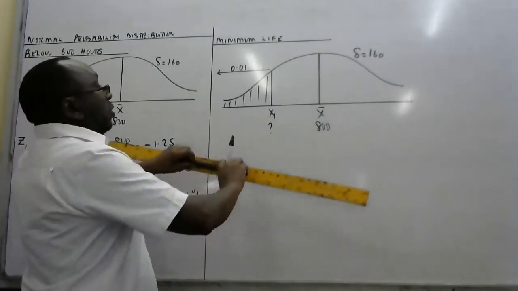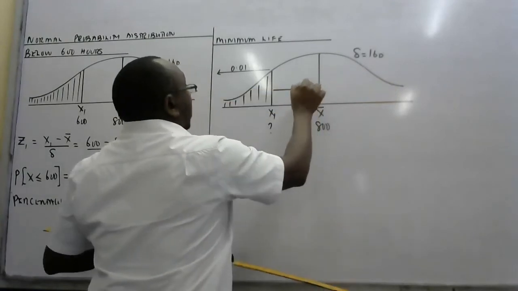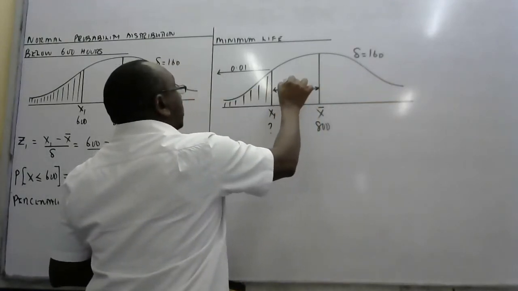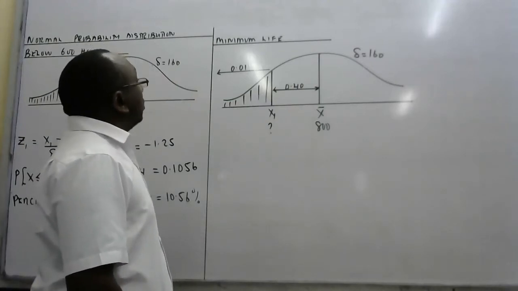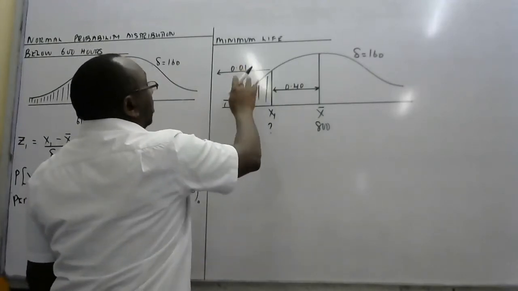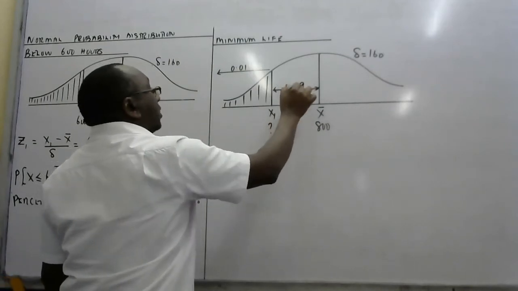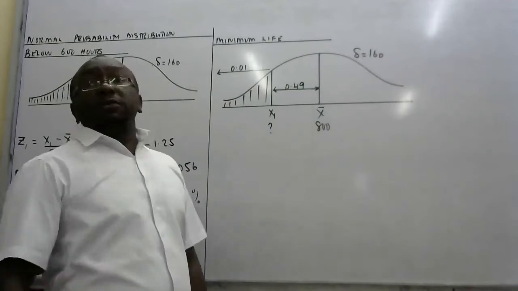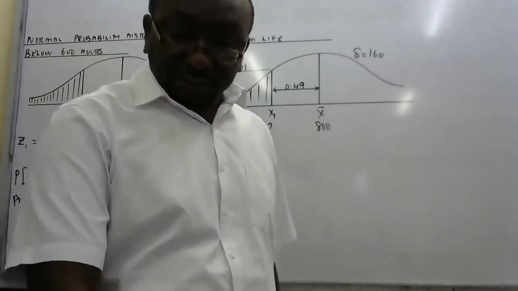And because the whole of this region is supposed to be 0.5, then this one is 0.49.